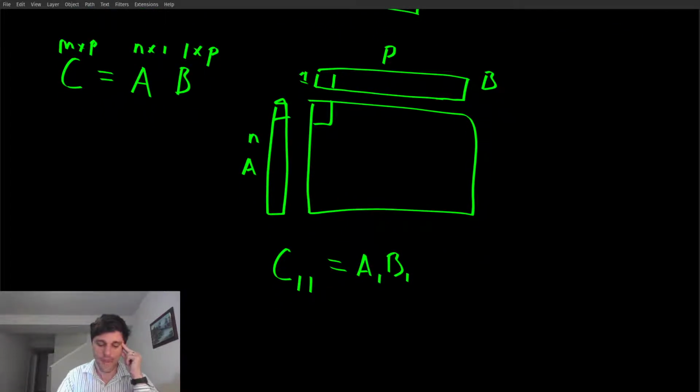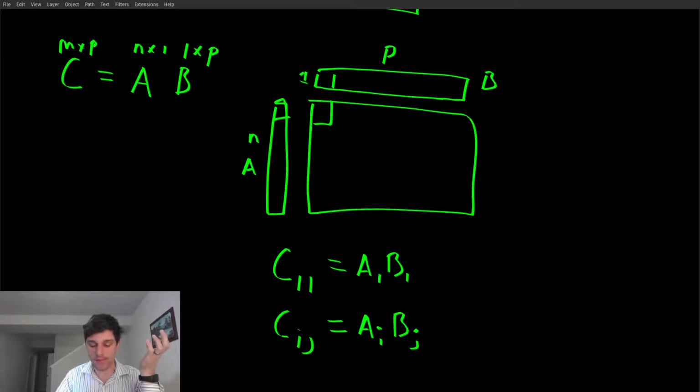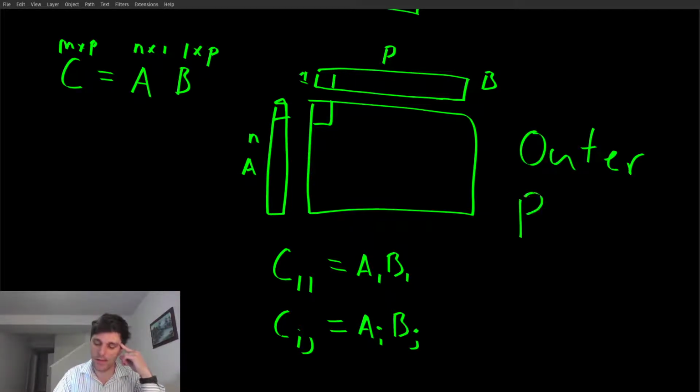And in general, Cij is just Ai times Bj, right? And this actually has a name. It's sometimes called the outer product, to contrast it with the inner product.